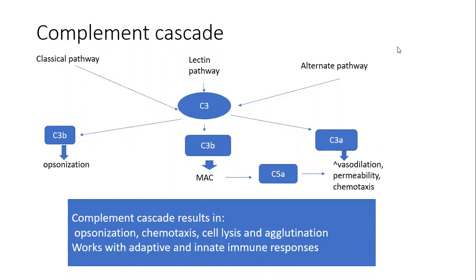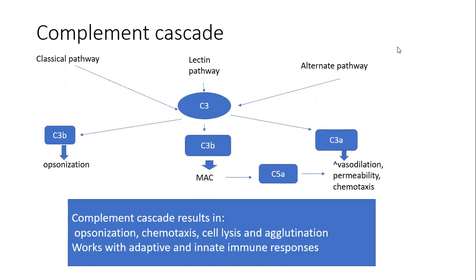The complement cascade, in summary, results in opsonization, chemotaxis, cell lysis, and agglutination. It works with the adaptive and innate immune responses. You can see that this is a complex pathway, and there are different ways that it can be triggered. Those different triggering mechanisms are based on different types of pathogens, whether it's a bacteria, or a certain type of bacteria.